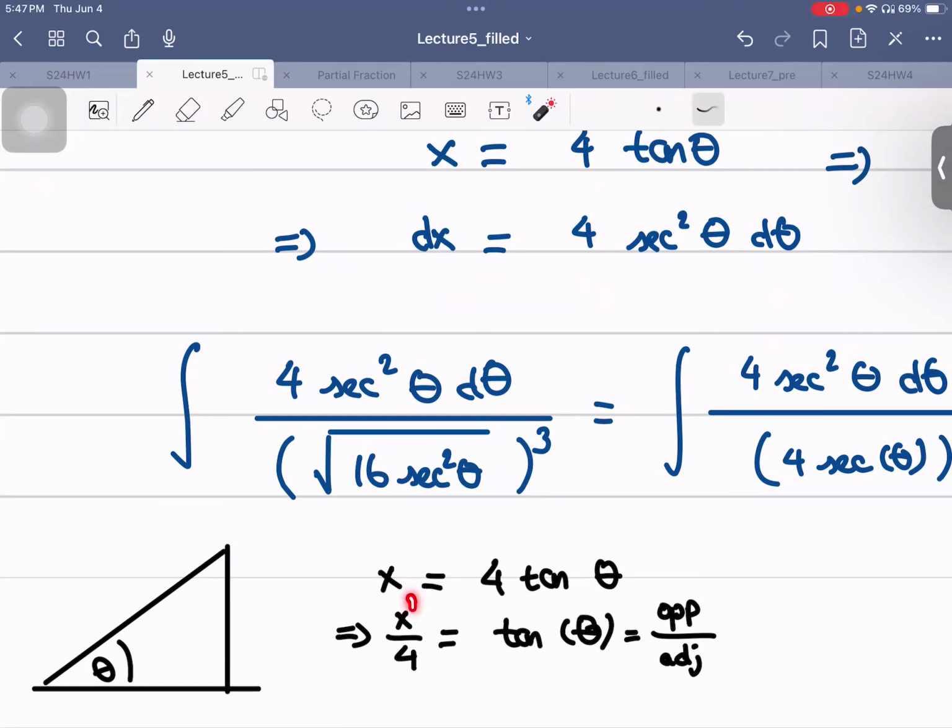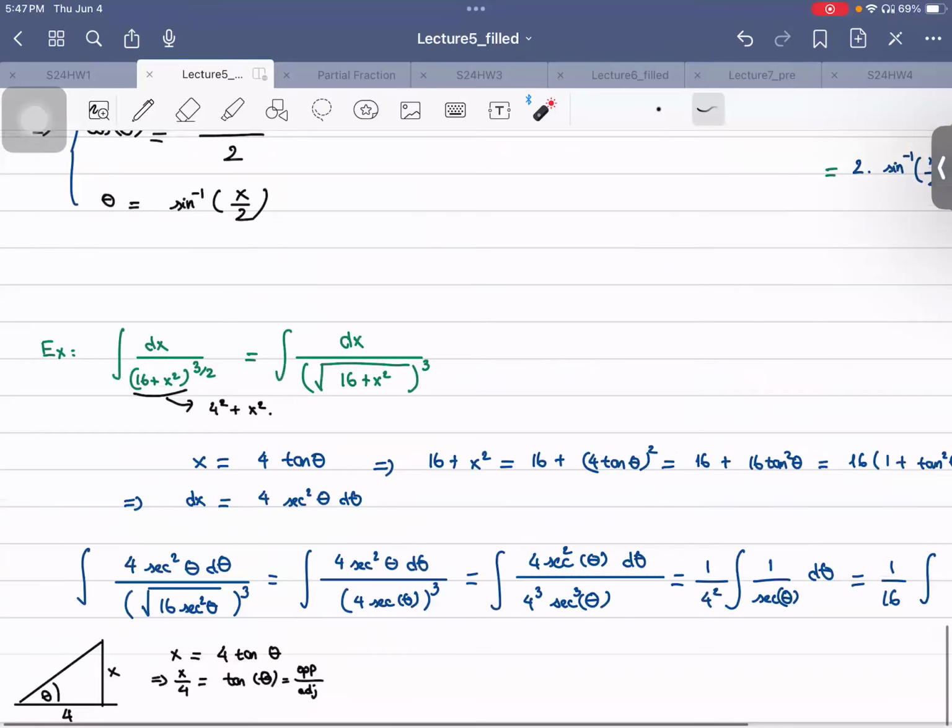So the thing in the numerator will be the opposite. The opposite side of theta is x. The adjacent side of theta is 4. So this side is 4.